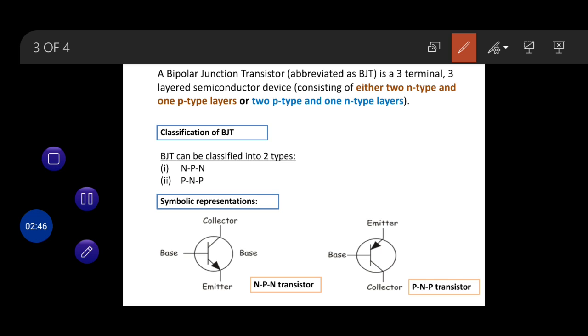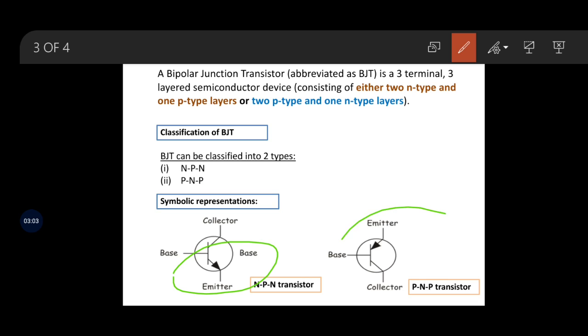For the NPN transistor you can see an arrow at the emitter terminal and the arrow is outward. And for the PNP transistor, the arrow is still present at the emitter terminal, but the arrow is inward. You can also draw the circuit symbol like this.